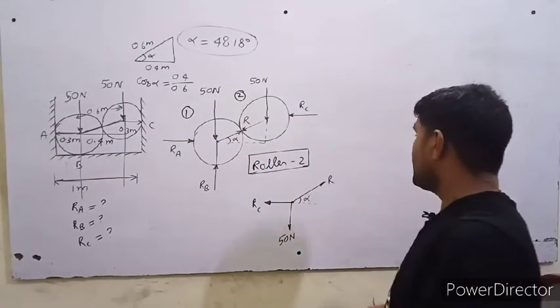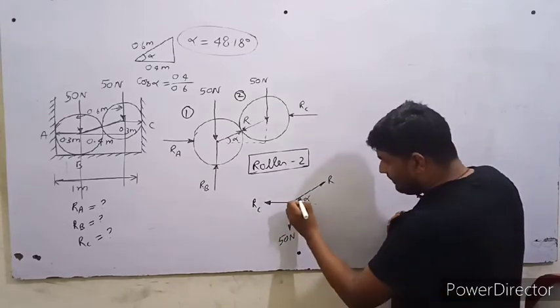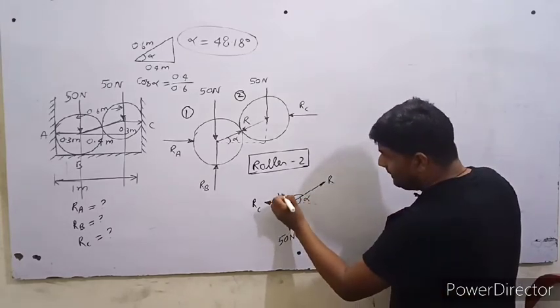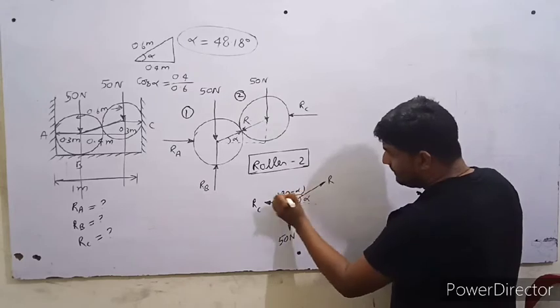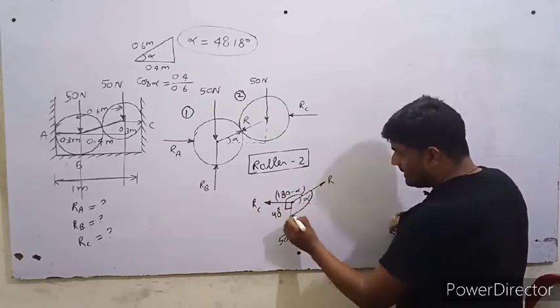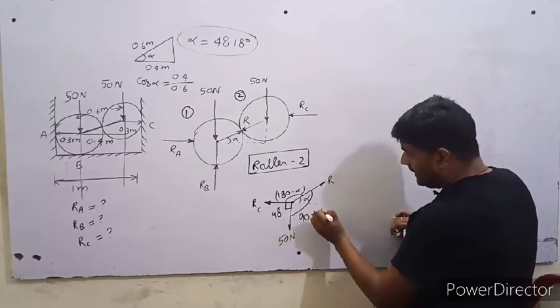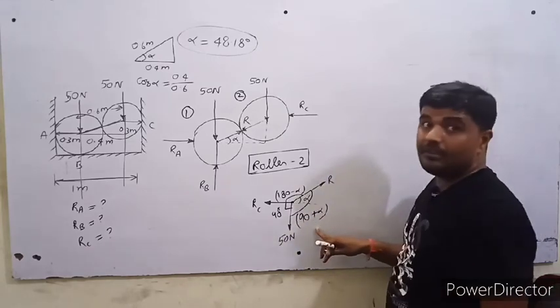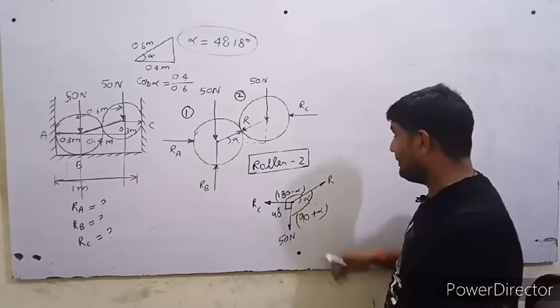48.18 degree. So students, if this angle is alpha, this angle will be 180 minus alpha. This is 90 degree, and this total angle will become 90 plus alpha. So what we will do here, we will apply Lami's theorem.